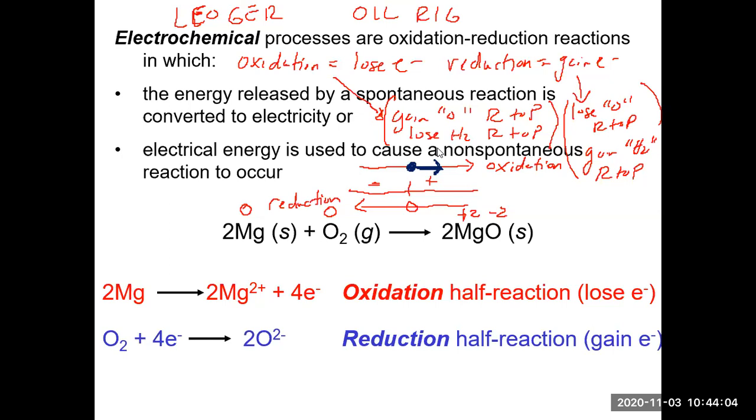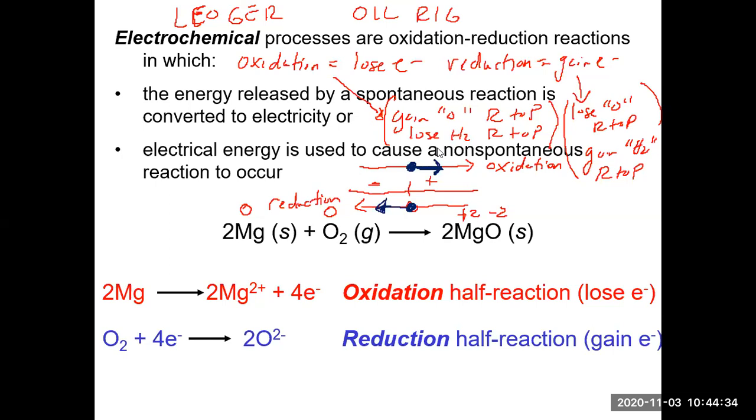While if we look at the oxygen, it started at 0 and ended at -2, which on the number line would be moving in this direction. It is moving to the left and becoming more negative, which tells us that the oxygen here is going through reduction. So that's a very simple way you could figure out what is being oxidized and what is being reduced. If you have trouble with that, that's a very easy way to figure it out.